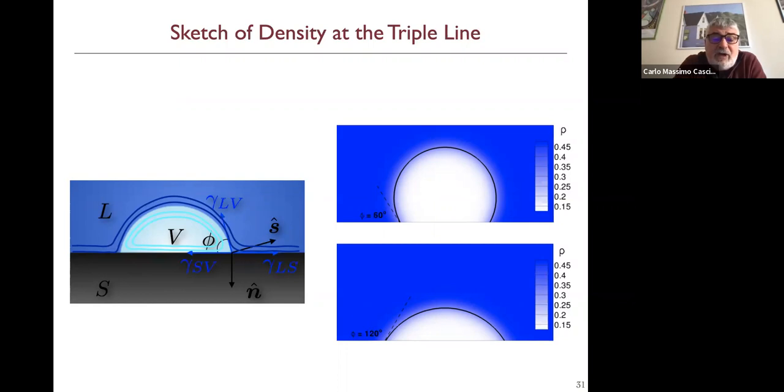On the left, you have a sketch of the density field in the system with the level lines of the density, which are intended to convey the idea that we do indeed describe the equilibrium contact angle, so the Young's equilibrium contact angle. So by manipulating the wall free energy term, we are able to change the contact angle.